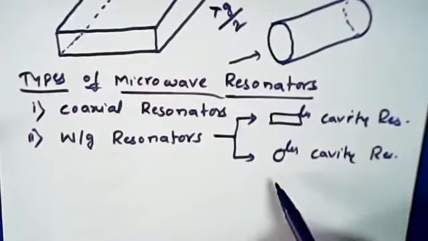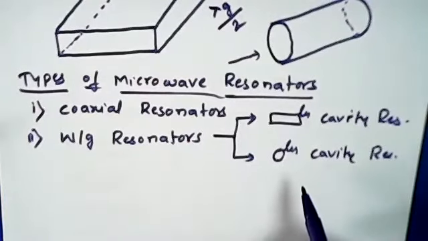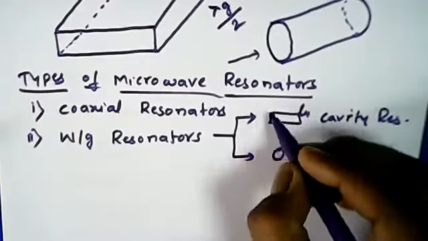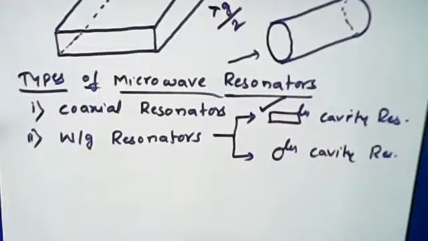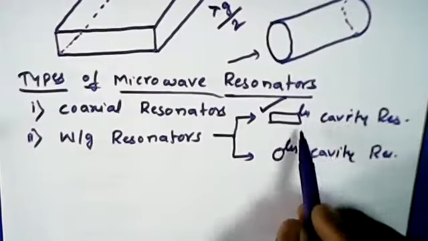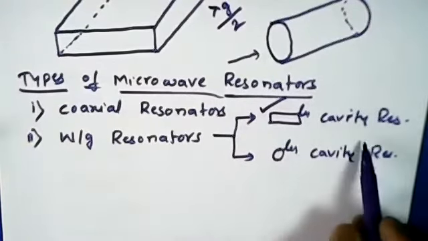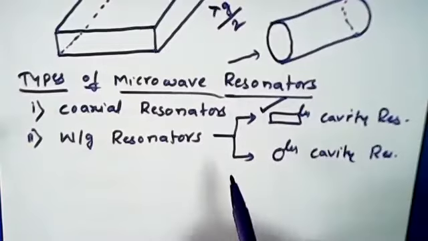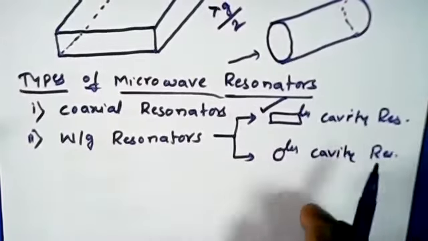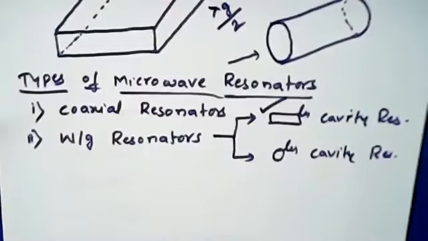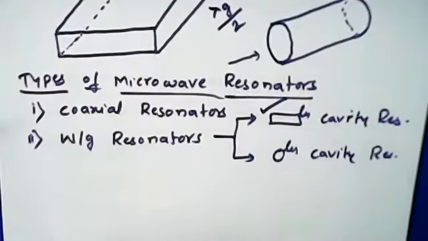And now, as we have the rectangular cavity resonator in our syllabus, we are going to discuss only the details regarding the rectangular cavity resonators. It's a very simple topic. They may definitely ask a question related to this cavity resonator, a small 4 to 5 lines of derivation. Not to worry, we'll see that in the next class.